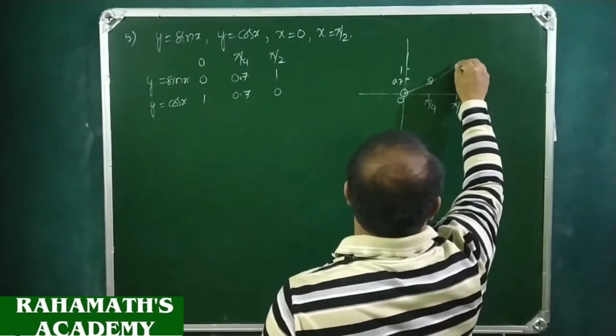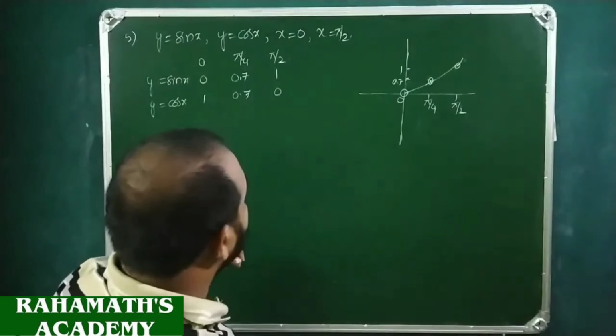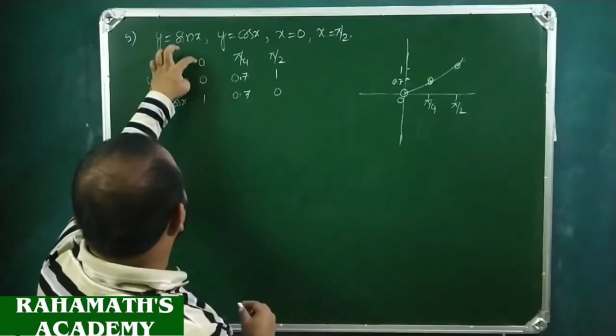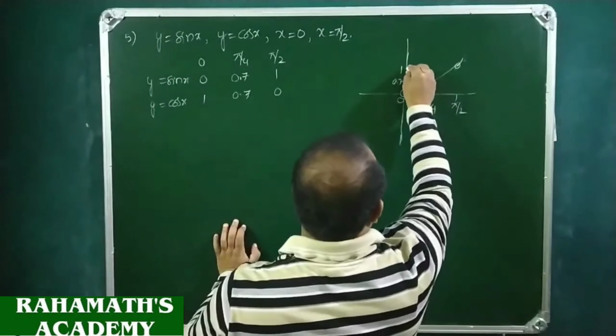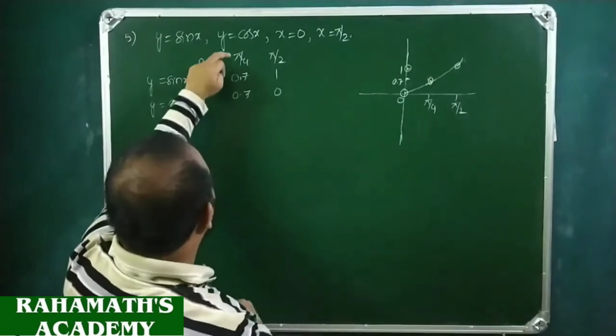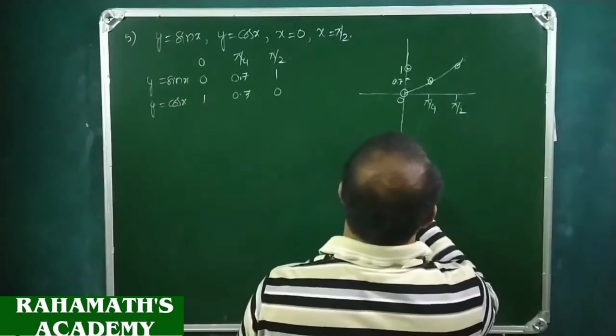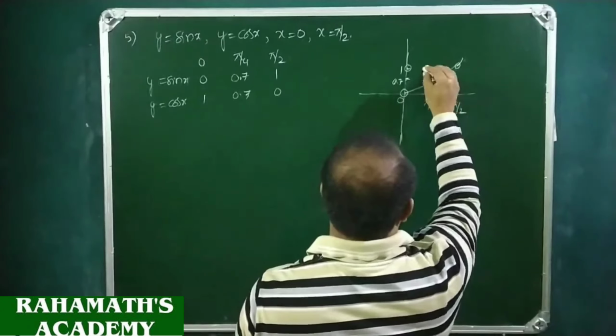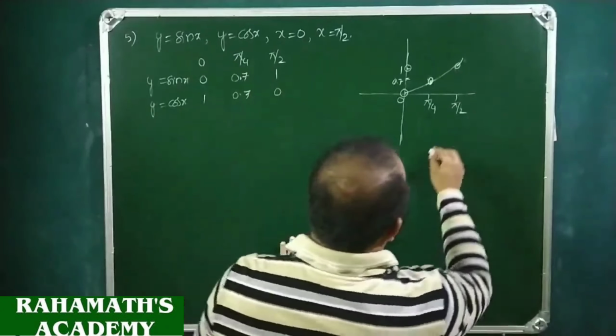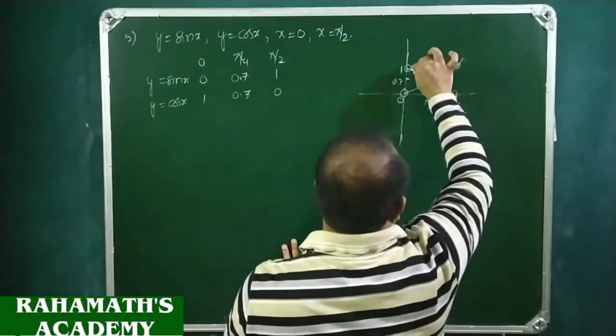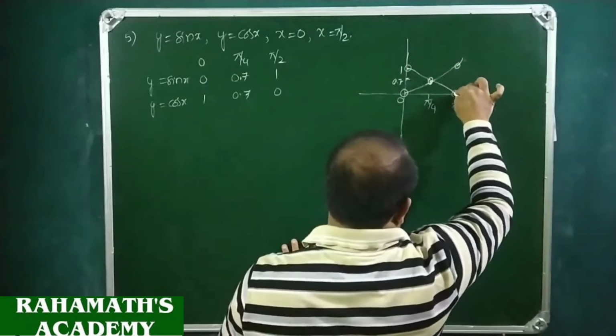Now, this is next 0, 1. 0, 1 is this curve. And pi by 4, 0.7 is this. And pi by 2, 0 is this. So, if you join this.